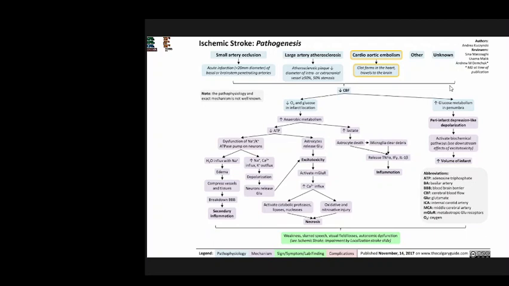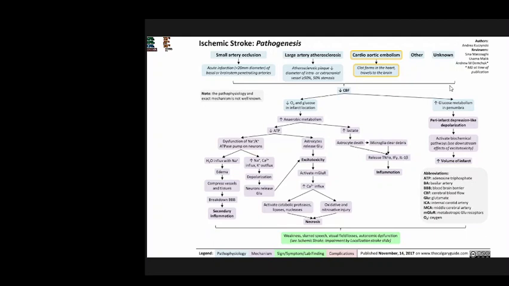There's also decreased ATP production, causing dysfunction of the sodium-potassium pump. And there's also a release of glutamate, causing excitotoxicity, leading to necrosis.